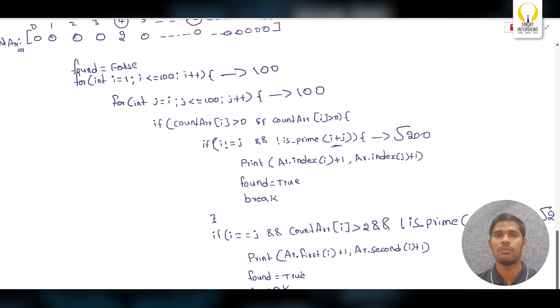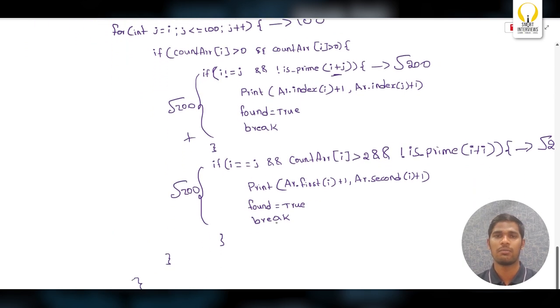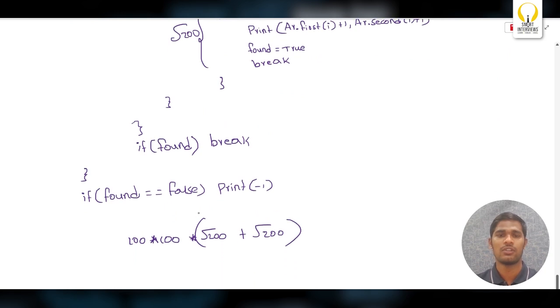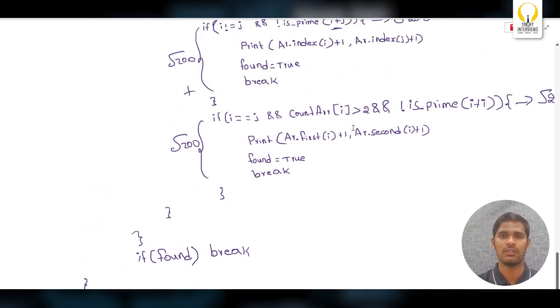Why plus? Because this is root 200 plus this is root 200. They are not inside it, they are parallel to each other. So the number of iterations is less than 10 power 8, which will not give you TLE.